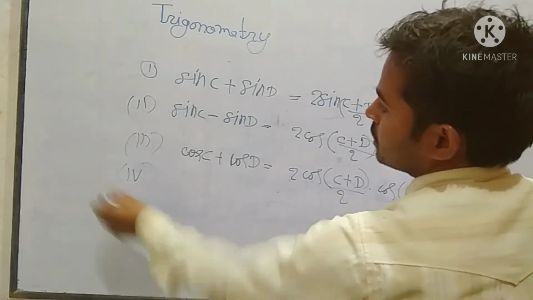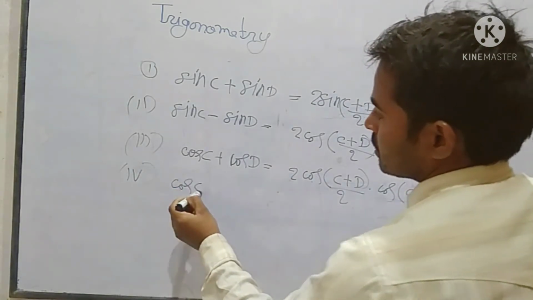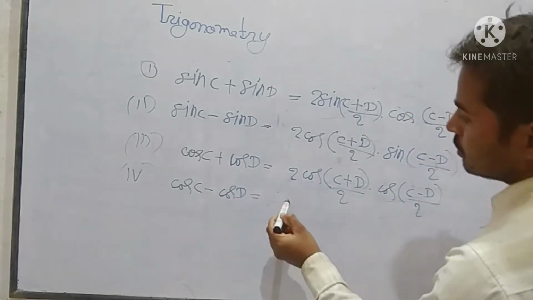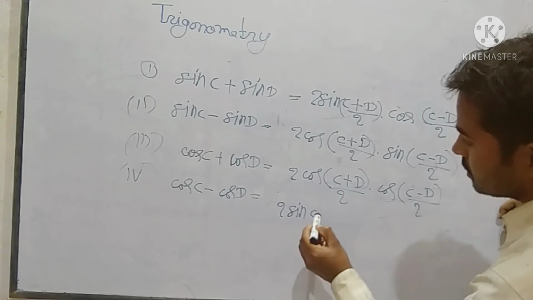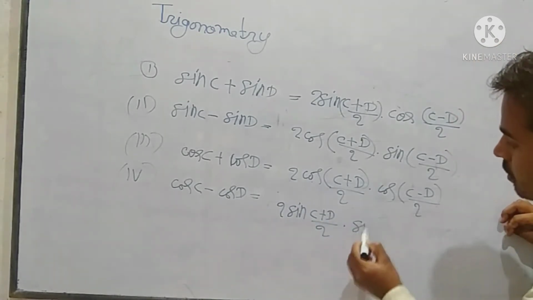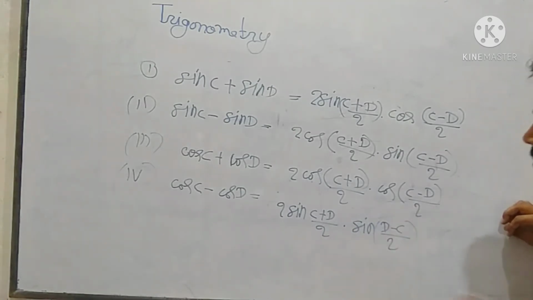The fourth is cos C - cos D = 2 sin((C+D)/2) sin((D-C)/2).